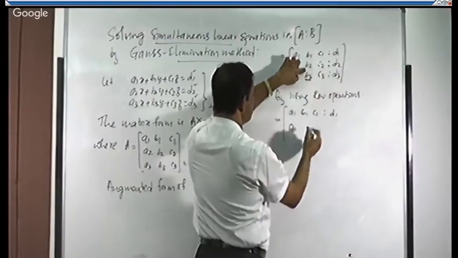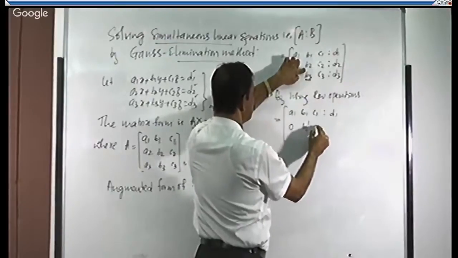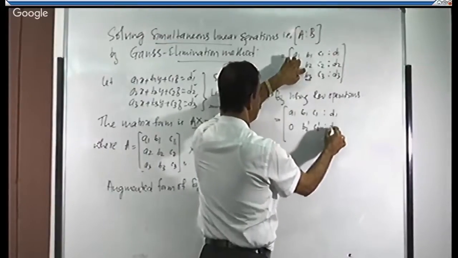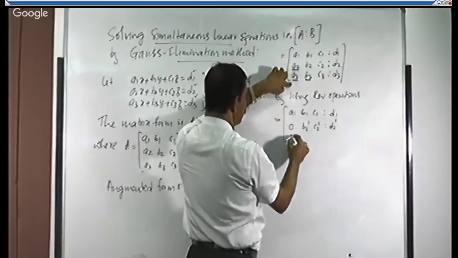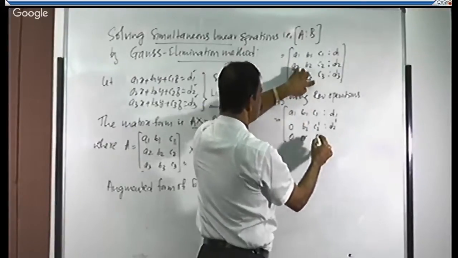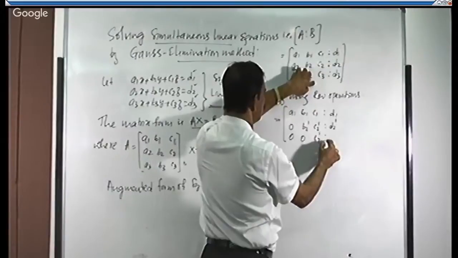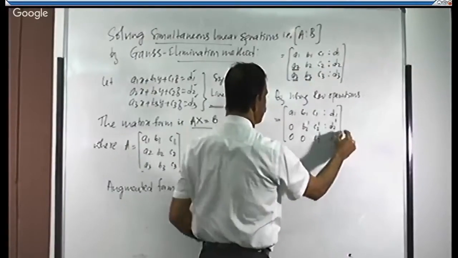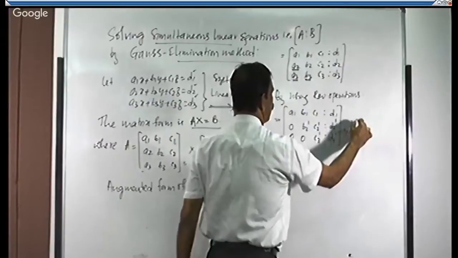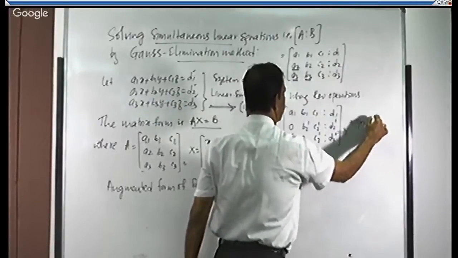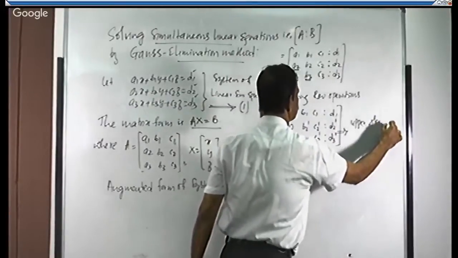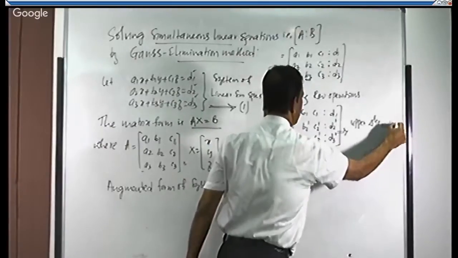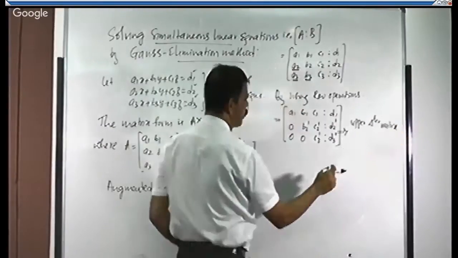It may be changed into other values, B2 dash, C2 dash, D2 dash. This is 0, this is 0, this is C3 dash is equal to D3 dash. So this will be called an upper triangular matrix. There are two types, upper triangular as well as lower triangular matrix.